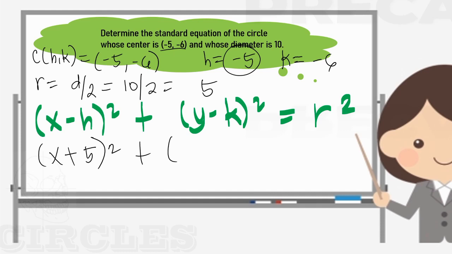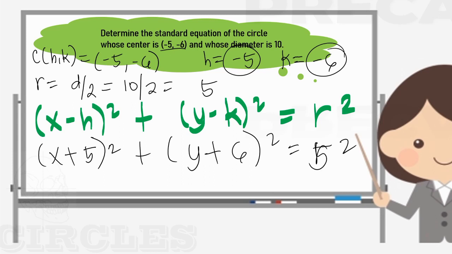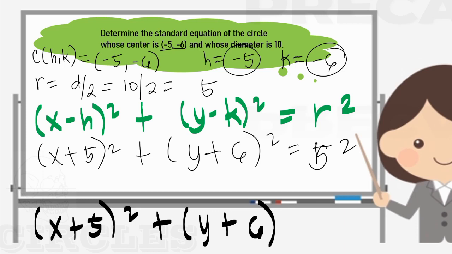Squared plus y minus k, value ng k, negative 6. So, magiging positive din siya. 6 squared is equal to r natin is 5 squared. So, therefore, final equation, x plus 5 squared plus y plus 6 squared is equal to 25. So, yung 5 squared is equal to 25.